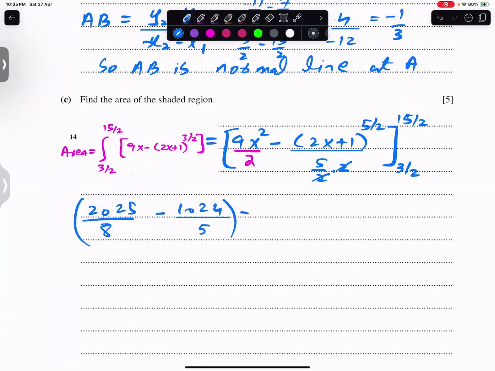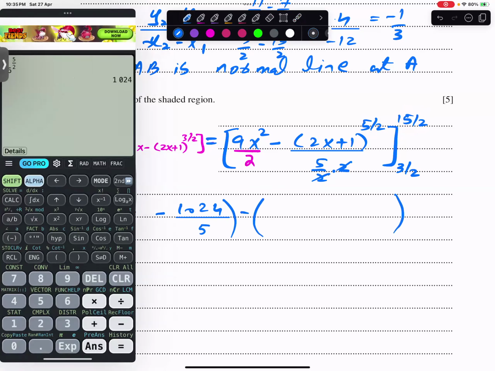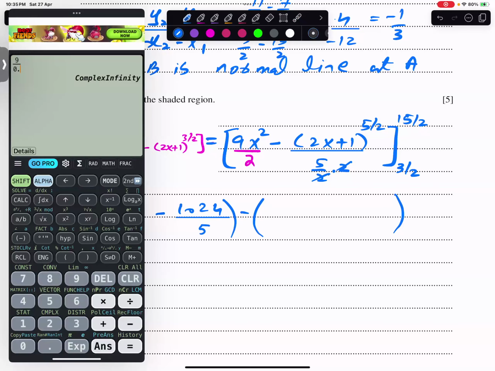Lower limit now: 9/2 times 9/4 will be 81/8 minus 4 to the power 5/2, 32 divided by 5.